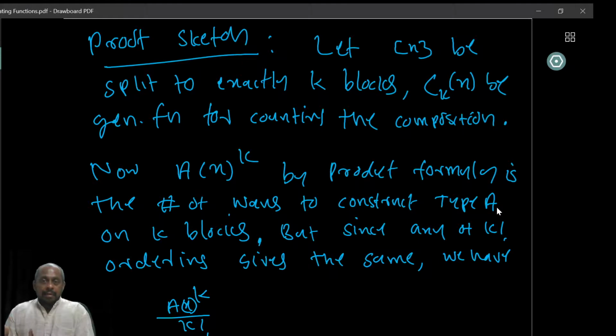For the second one, type A again, for that set. Each block is a set, right? So for each of the blocks, we get the generating function to be the same, A(x), A(x), A(x), etc. So you can apply the product formula, and you'll get A(x) raised to k. That is the number of ways to construct this.